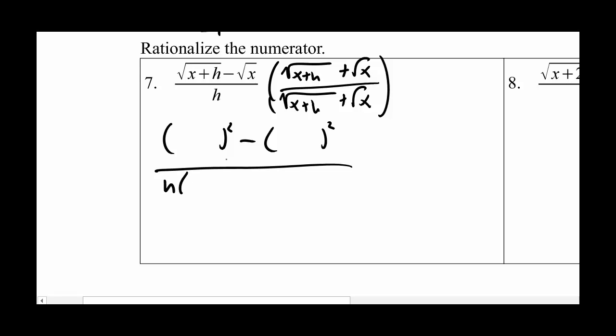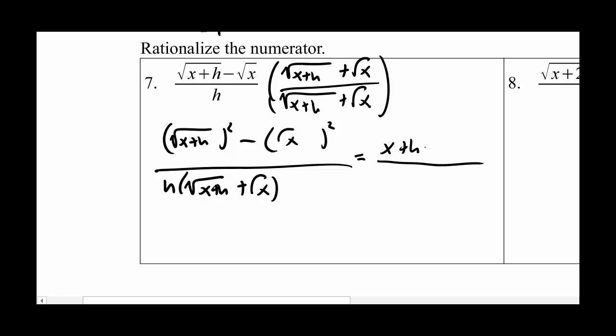And the denominator, we just have this very lovely looking thing. All right, so that would be square root of x plus h squared minus the square root of x squared. Okay, so up top, the square roots end up just going away, and we get x plus h minus x. And again, we have that lovely denominator.